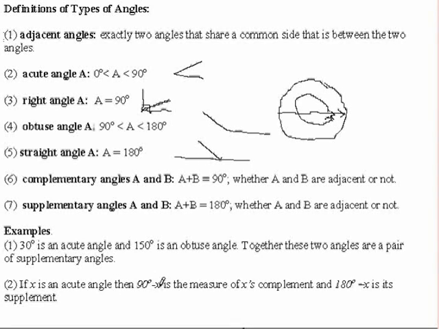Well, we can find the complement by just subtracting x from 90 degrees. Or we could find its supplement by subtracting x from 180 degrees. And notice that an obtuse angle doesn't have a complement. It's already more than 90 degrees, but it will have a supplement.